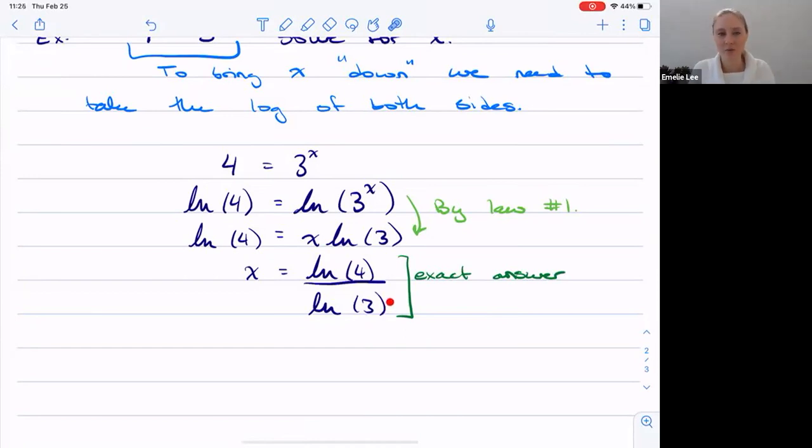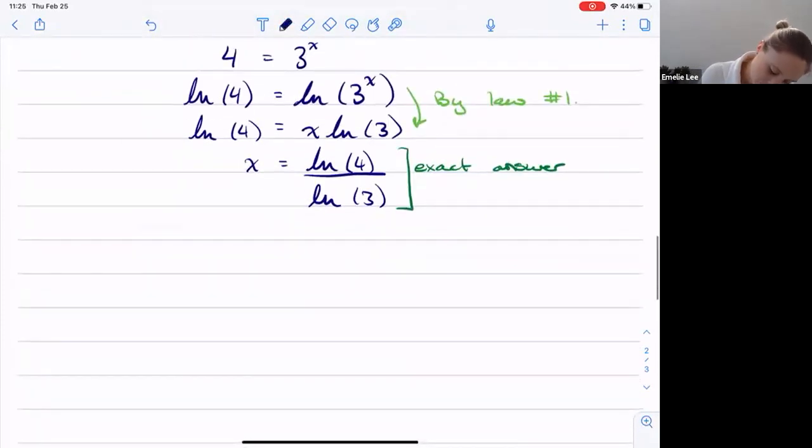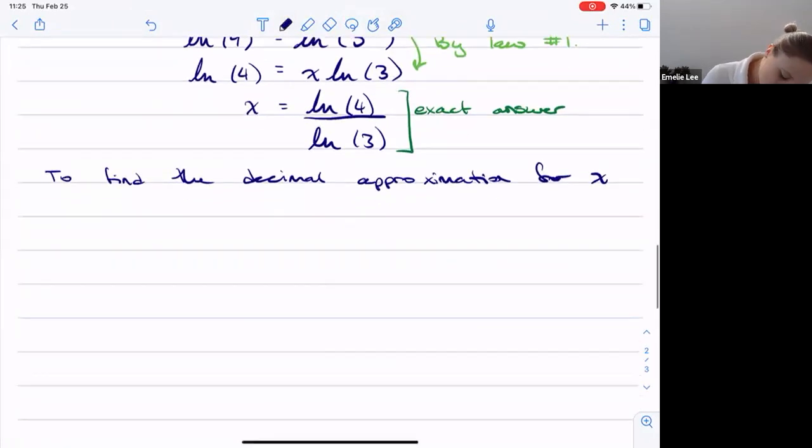But to find the decimal approximation, right, we need to use our calculator. So to find the decimal approximation for x, we need to use our calculator.